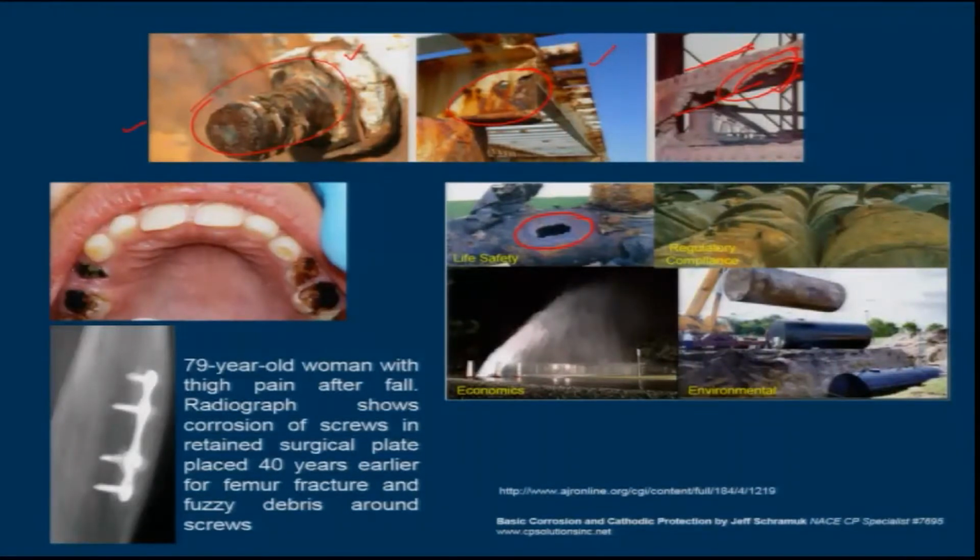Now, another kind of failure here: if you see, this is a pipeline which carries water, and if that pipeline corrodes and finally leaks, before one could rectify and stop that leak, you lose a lot of water.